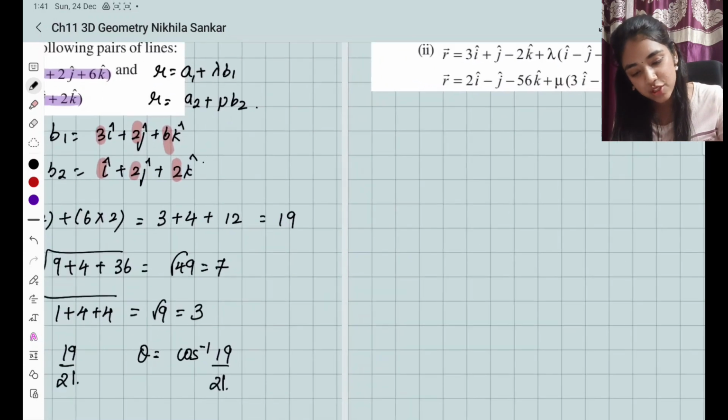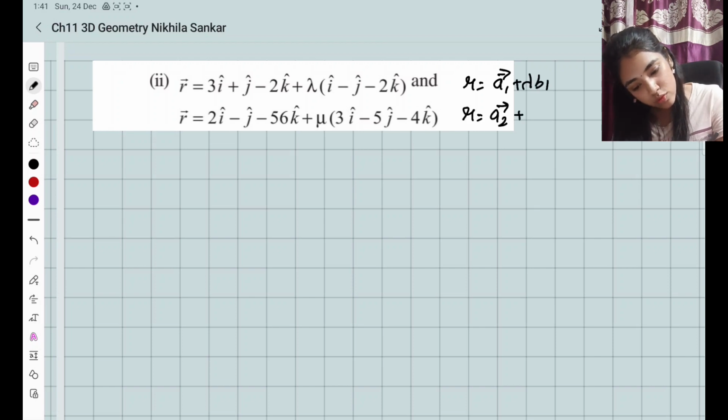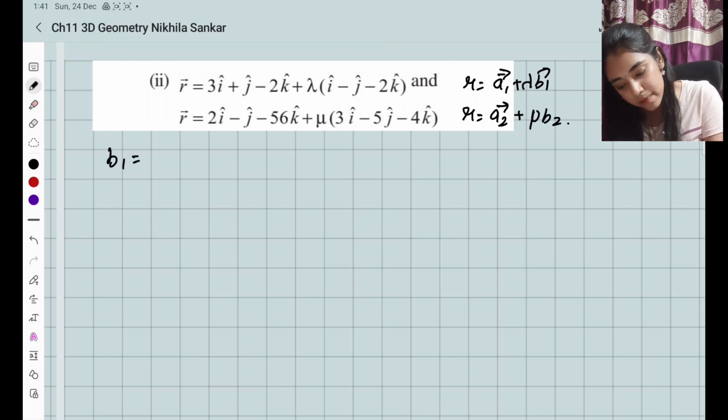இப்போ second subsection. இந்த இடத்துல என்ன இருக்கு? This is again of the form r equals a1 plus lambda b1 and r equals a2 plus mu b2. So b1 என்ன? b1 vector is going to be i cap minus j cap minus 2k cap. கரெக்டா? இதுதான் நம்மளோட b1. This is B1 and this is going to be B2.